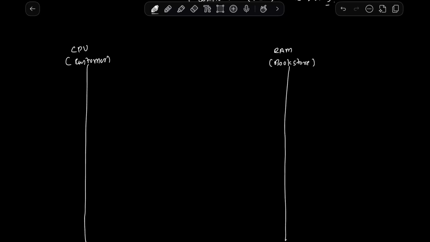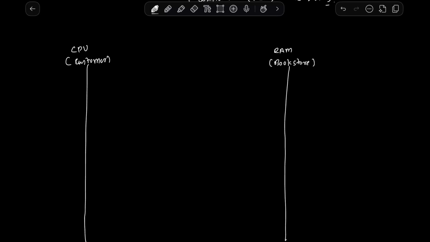Now, what will happen? As we know, if you want something, you need to tell them where it is exactly placed. So what should the CPU tell? Okay, I need the item sitting on shelf number, let's say for our case, 1000.